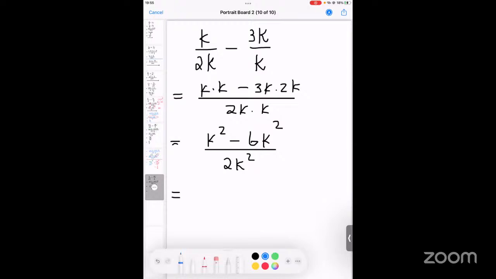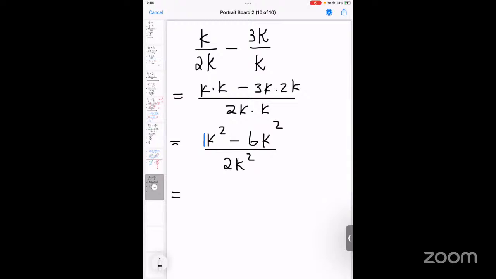You know why? Because you just have 1 apple minus 6 apples. What will that be? Will it be 5k to the power of 4 over 2k to the power of 2? It would have been 5 if it was a bigger number minus a smaller number, but now it's a small number minus a big number.